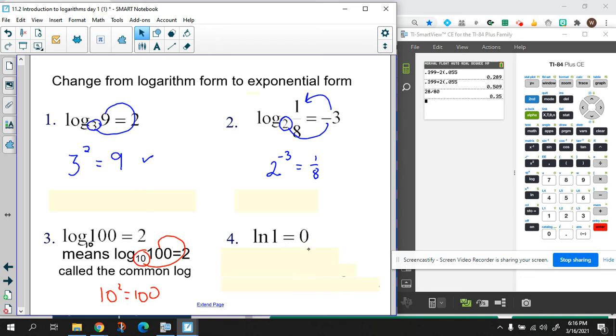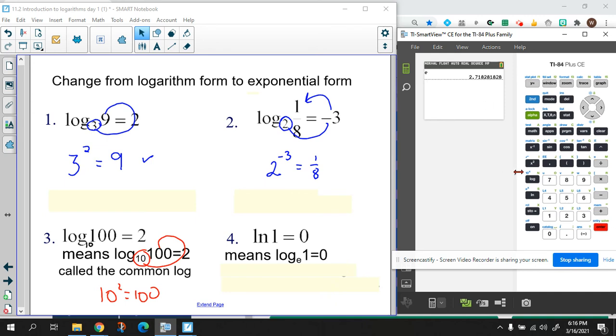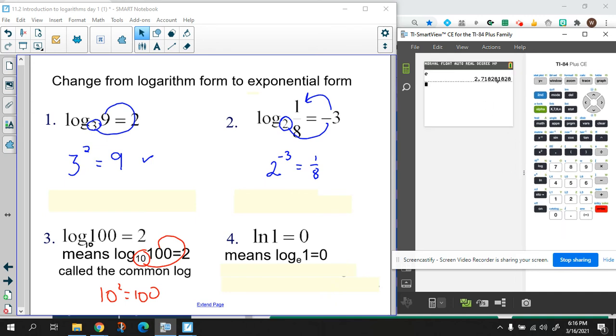You need to write down on your paper and memorize that that actually means log base e. e is a number, and we can go over here to our calculator and ask our calculator, what number is e? And there it is, I'll make it a little bigger, 2.71828. It's a number that continues on forever that you did see in your previous lesson.